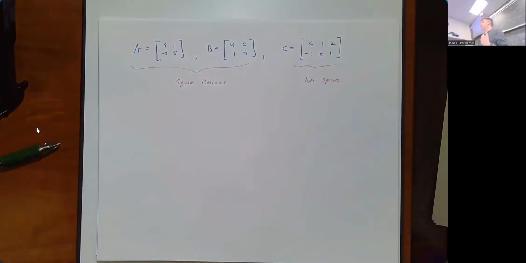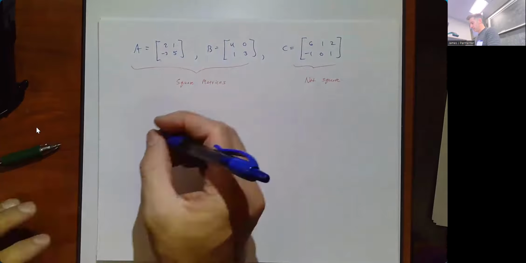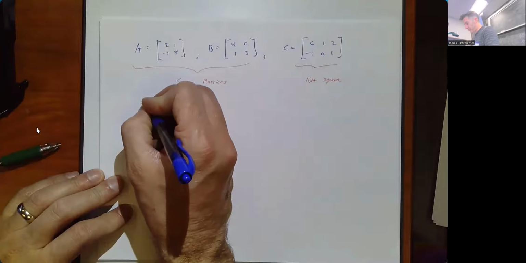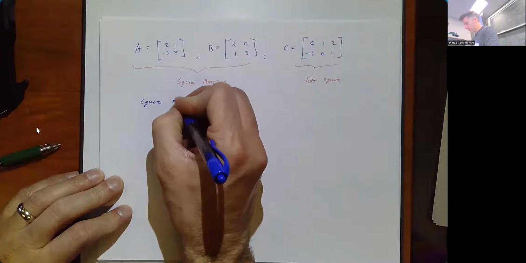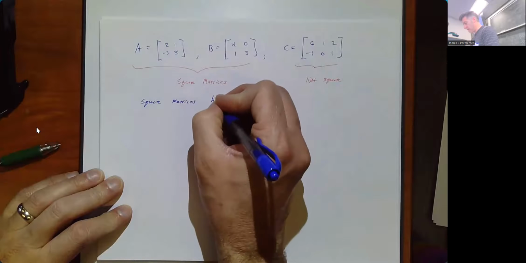For a square matrix, we have something that we call the main diagonal. Square matrices have a main diagonal.